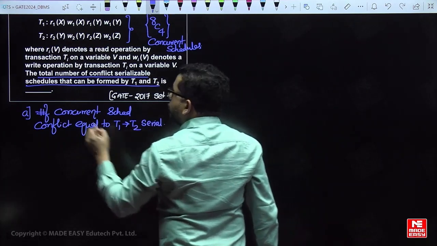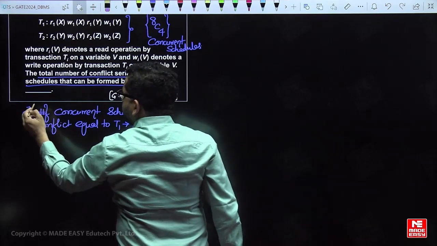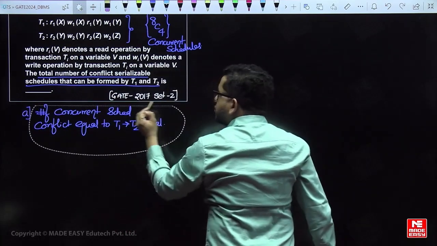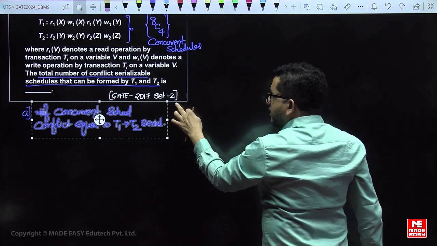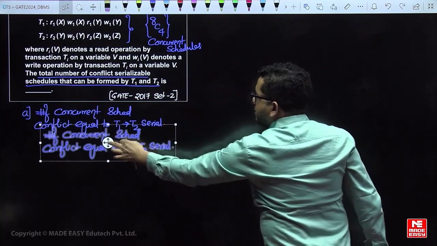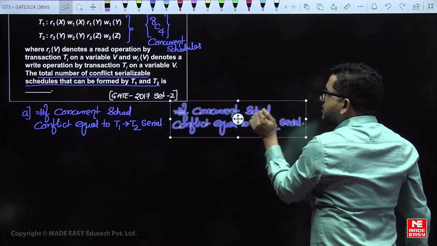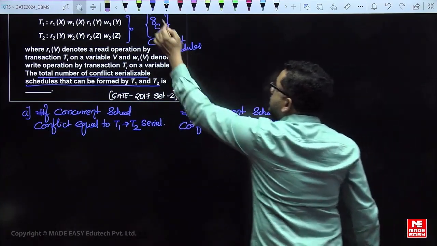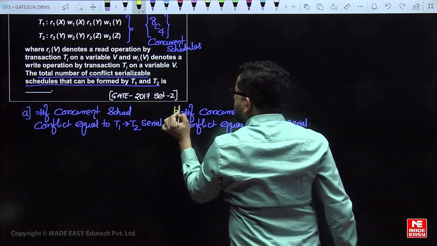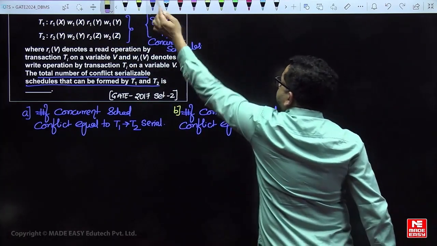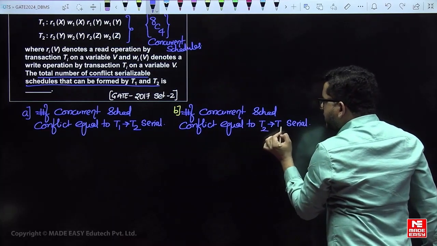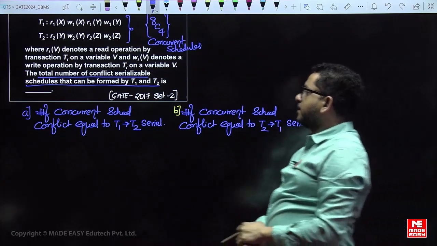The second part is the number of concurrent executions which are conflict equal to T2 followed by T1 serial schedule.